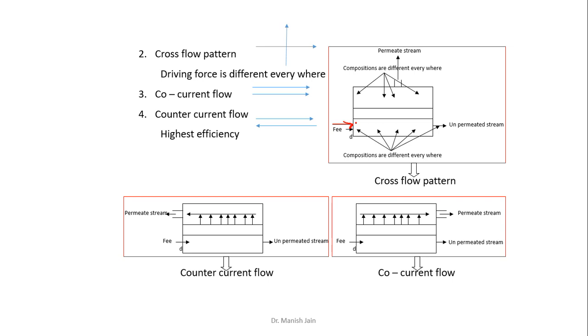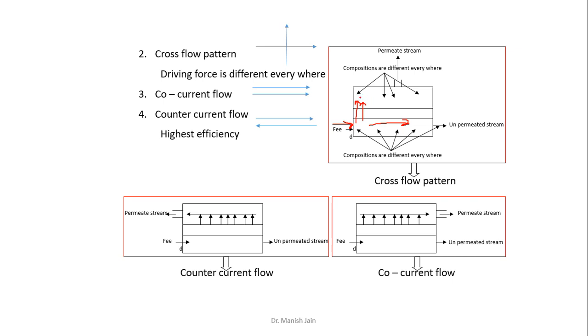That species will start to permeate across the membrane in this direction. The species selectively permeates through the membrane, so the concentration of the feed will change in this direction. You don't have a constant concentration of the feed species, which will affect the flux.